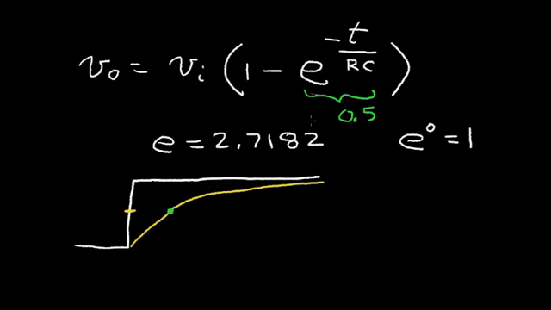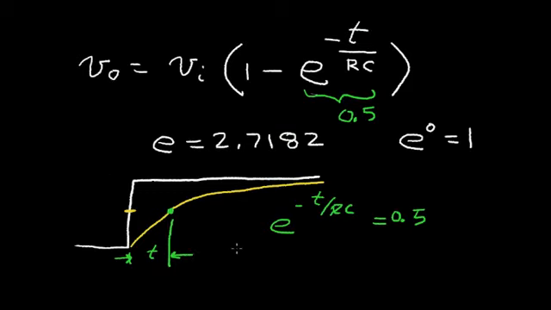So if we set this e to the minus t divided by RC equal to 0.5, and we solve for t, we can find out this time here, t, as a function of the time constant RC.